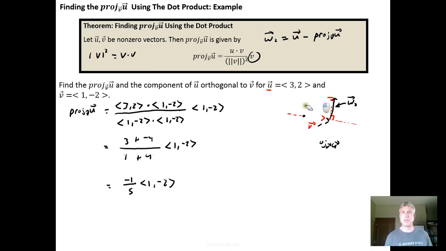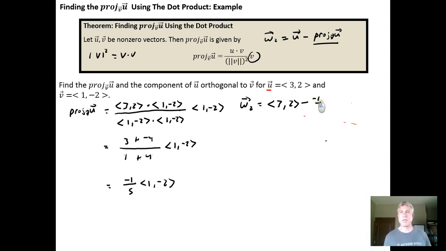And now to get the perpendicular component, we're just going to do the subtraction. We're going to do w sub 2 is the vector u, which is 3, 2, minus the parallel component, so minus the negative 1/5 times the vector 1, negative 2. And we have a double negation right here, so I can change this to a plus.